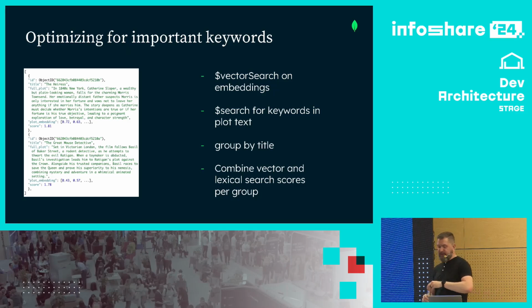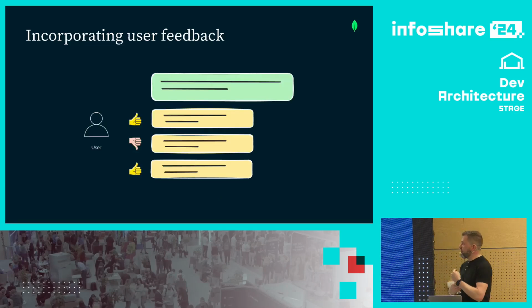Once we have our final score, another thing that we can do is incorporate user feedback. We could return the output of the LLM at the top, and then also return the chunks that the LLM used to generate that response, and incorporate a thumbs up, thumbs down system so the user could say, yeah, this chunk was very helpful, or it was not helpful.